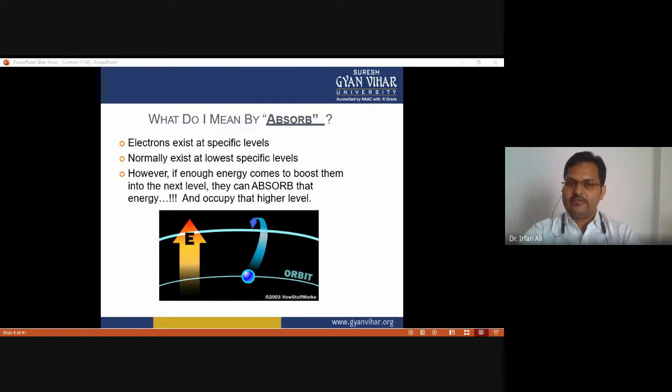However, if enough energy comes to boost them into the next or higher level, at that time they can absorb that energy and occupy the higher level. So this is the process by which the plant pigment absorbs light and uses it to boost an electron into a higher energy level.